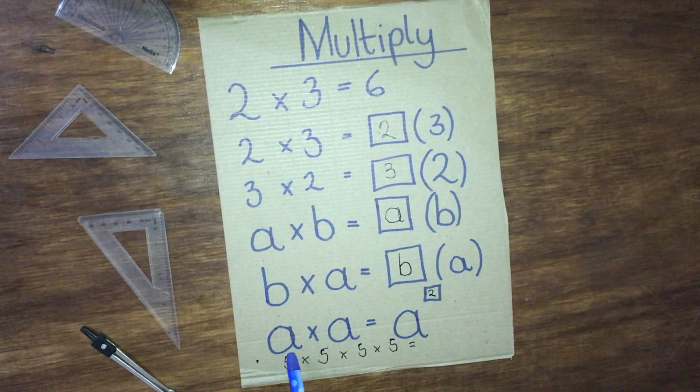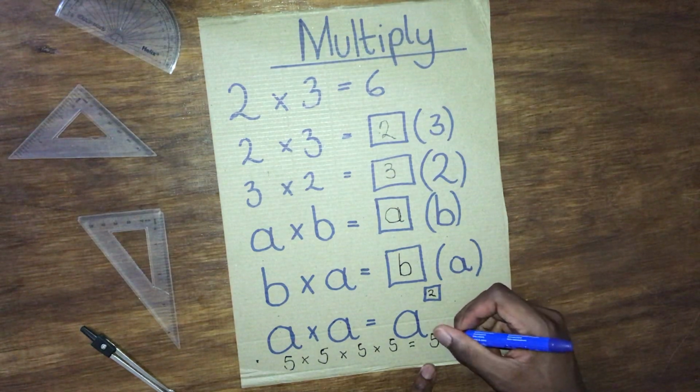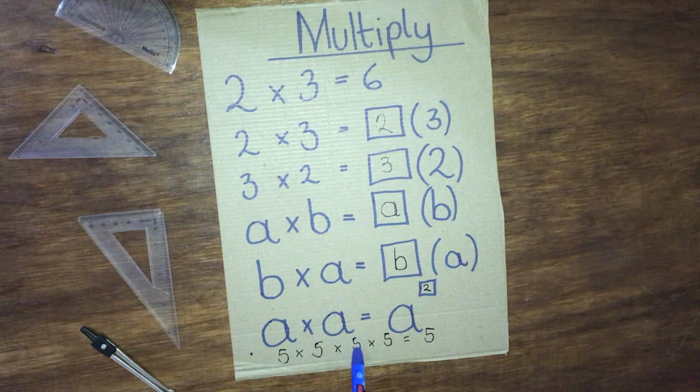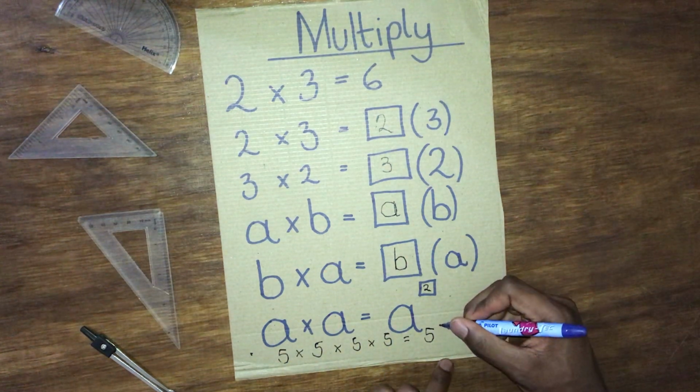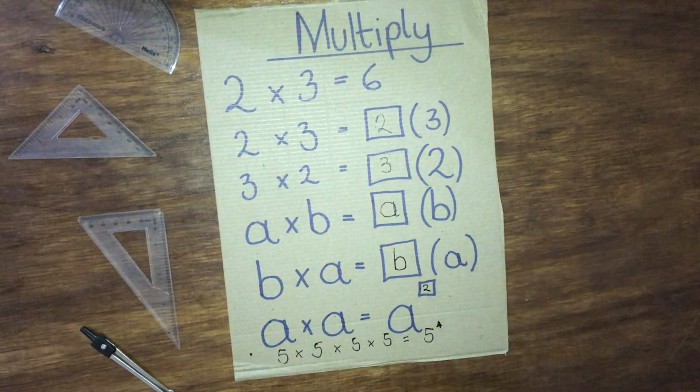As they are the same, we can simply say 5 to the power of, how many 5s can we see? 1, 2, 3, 4. 5 to the power of 4. Just like that.